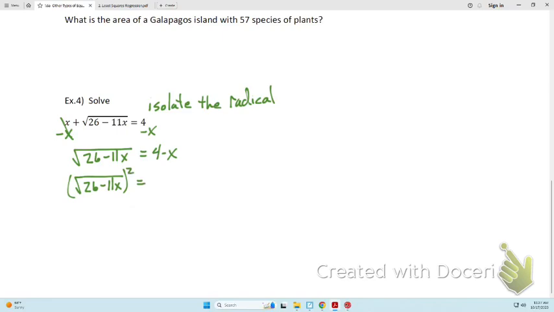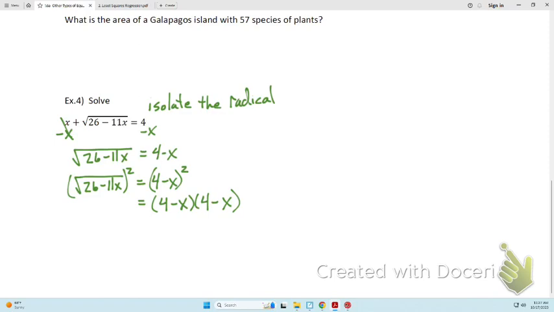If I square both sides, I need to make sure I put it in parentheses. And go slow, because it isn't just 16x squared on the right. We need to FOIL, because we're going 2 of these times the same 2. And there should be 4 terms when we multiply that out. The left side's really nice.